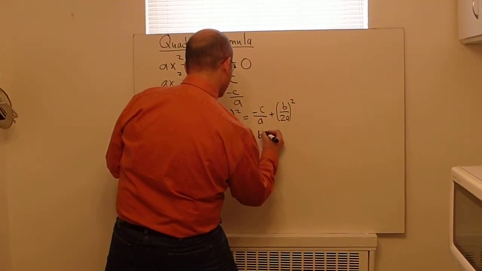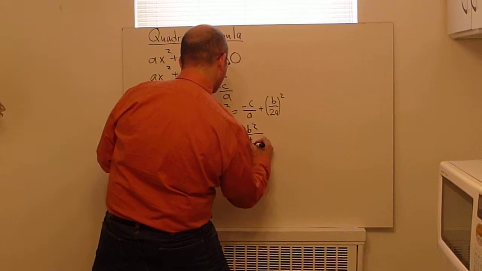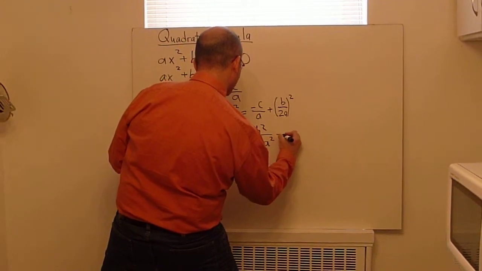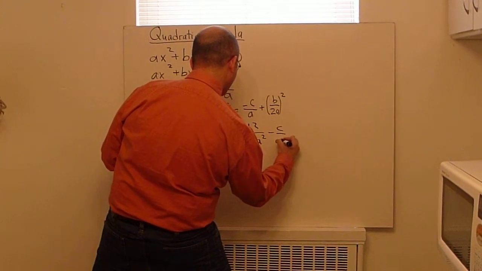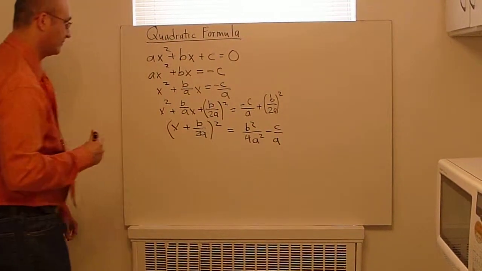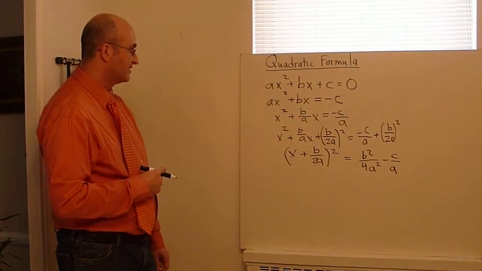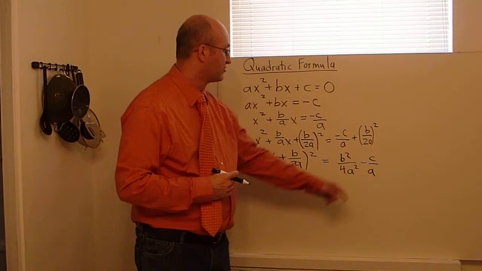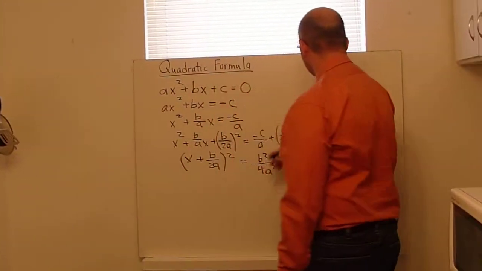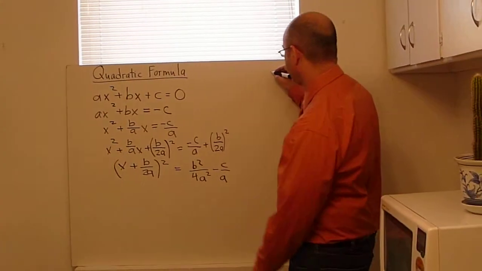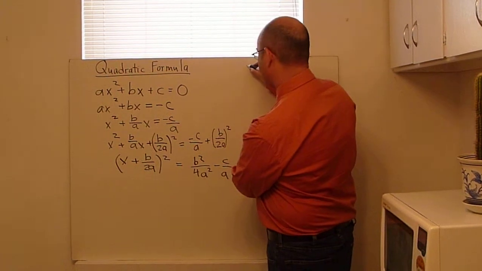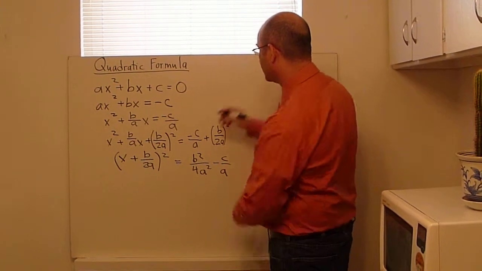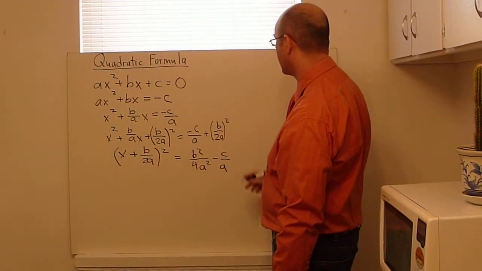This is b squared over 4a squared minus c over a. Now to clean this up a bit, we'll take the square root of both sides is what we want to do.